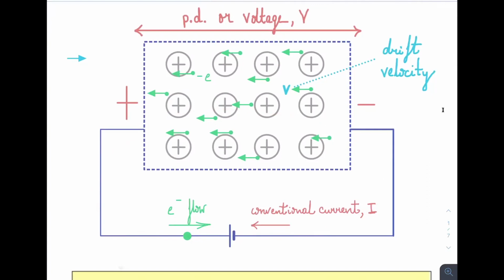This may look like an anomaly, since, as you know, current is conventionally taken to flow the other way around. In other words, the current signified by I is taken to flow the other way around, that is, from the positive terminal of the battery towards the negative. So as indicated by the red arrow, which is opposite to the green arrow.